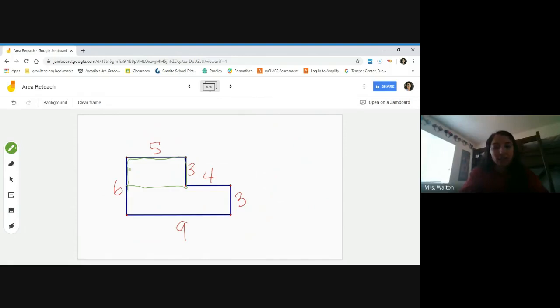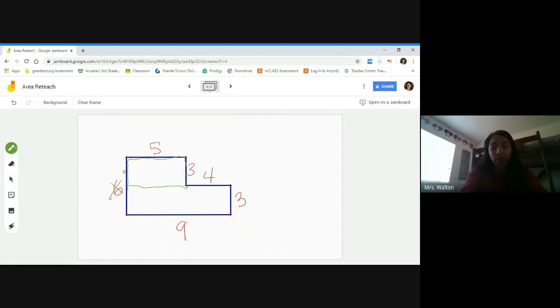And on this rectangle, I see three numbers touching it. I see a 6, a 5, and a 3. My 6 here is from this point all the way to this point. So it's not stopping in the middle as it should, as this green line is. So I'm not going to use this 6 on my rectangle here.